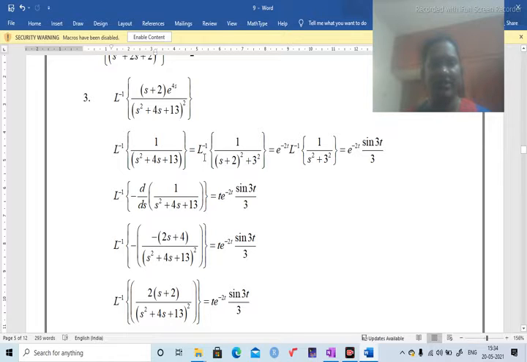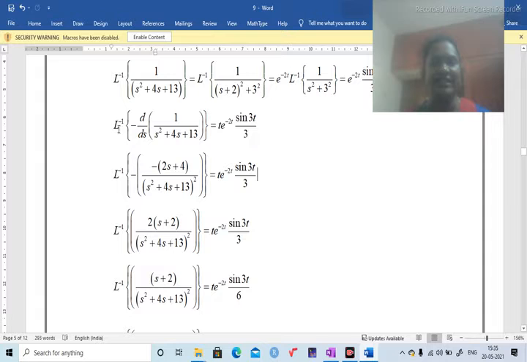So L inverse of this can be written as, here 4s is there, that's why I am splitting 13 as 4 plus 9. 9 I am keeping here, and s square plus 4s plus 4 means (s plus 2) whole square. Here plus 2 is there, that's why I am writing e power minus 2t, L inverse of 1 by s square plus 3 square. So this is equal to sin 3t by 3.